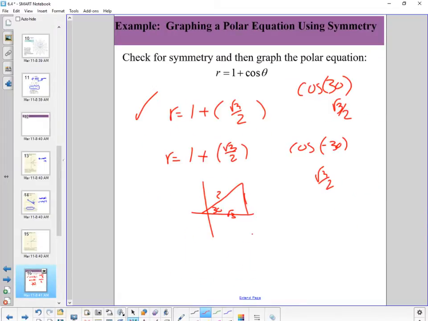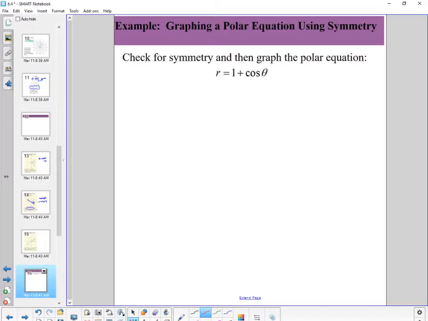All I worried about was this part. Then I did the 30 degree one. This is 2, this is 1, or negative 1. If I found the cosine of this negative 30, it's still going to be radical 3 over 2. So they didn't change. All I want to know is if they're going to change or not, and in this case, they really don't, do they? Okay.